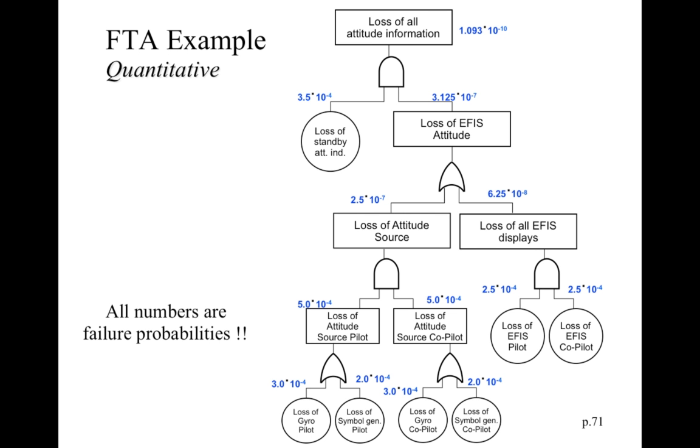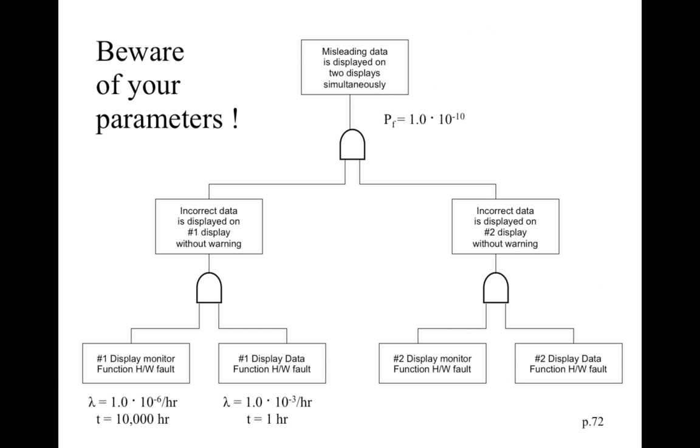Now, if you look at the quantitative fault tree, what we're trying to put in there is all these probabilities of failure. You have to beware of your parameters. Sometimes you see fault trees like the one in this picture, where on one end I use the probability of failure, but for these 2 events I use a value of lambda and a value for t.